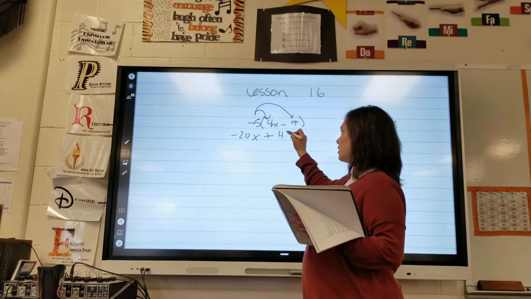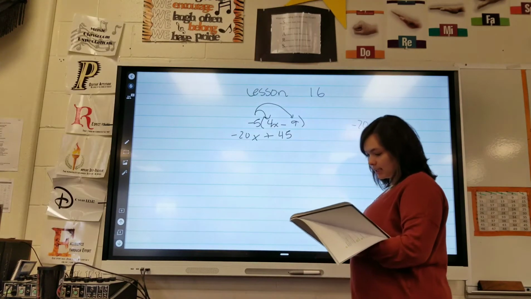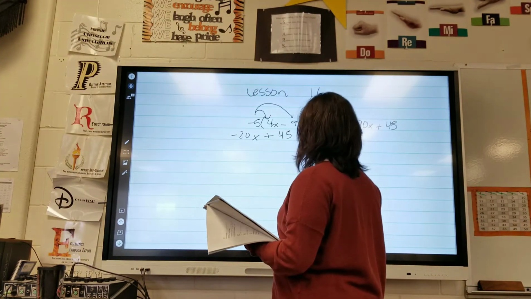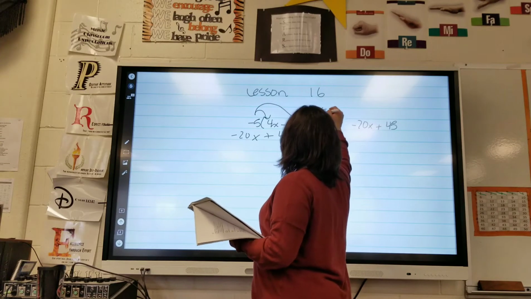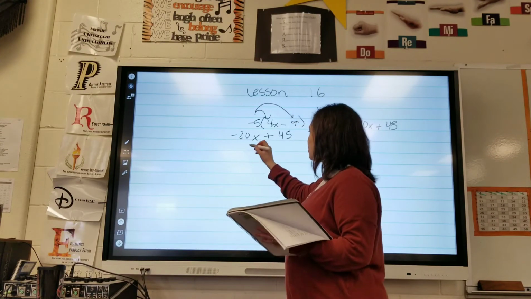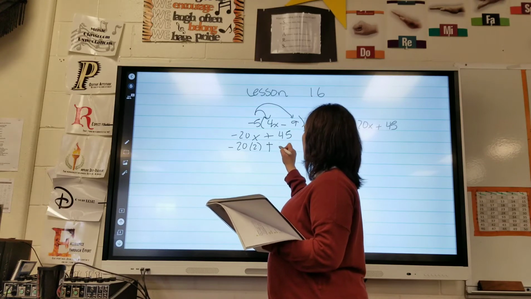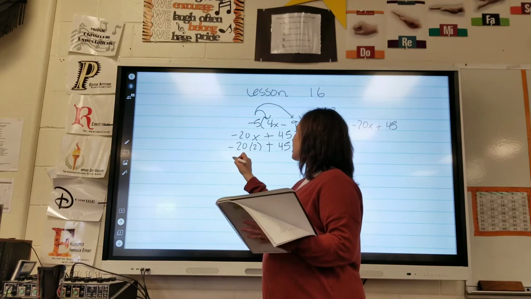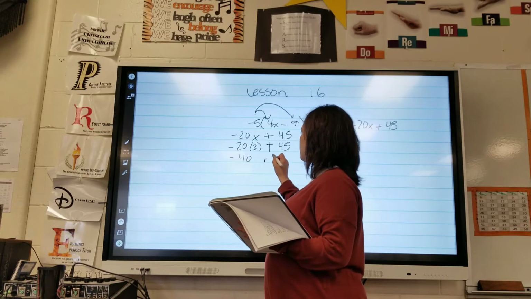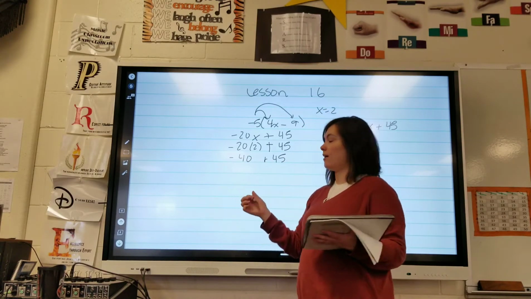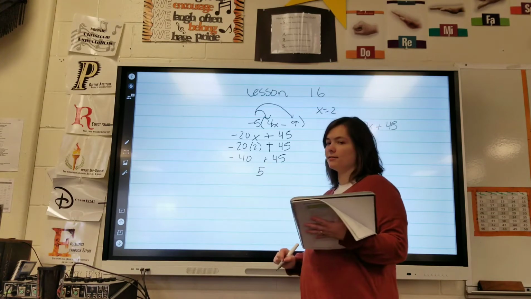Notice here, if x were to equal 2, we would then plug in 2 and you would get -40 plus 45. We're -$40 in our bank account, and we put 45 in, we're going to get a +5.